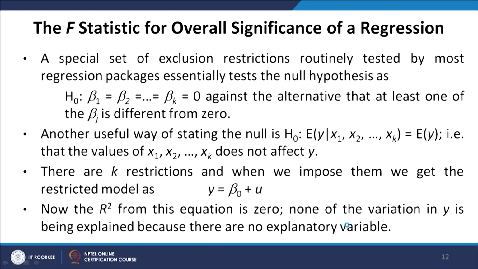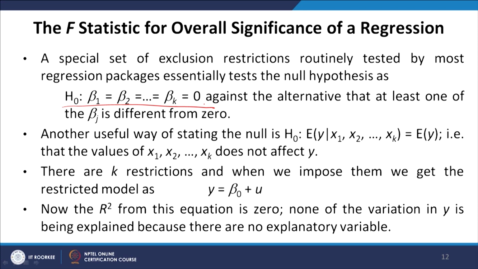Now, we talk about the F statistic for overall significance of a regression. A special set of exclusion restrictions routinely tested by most regression packages essentially tests the null hypothesis H naught: beta 1 equals beta 2 equals to beta k equals 0, against the alternative that at least one of the beta j is different from 0.